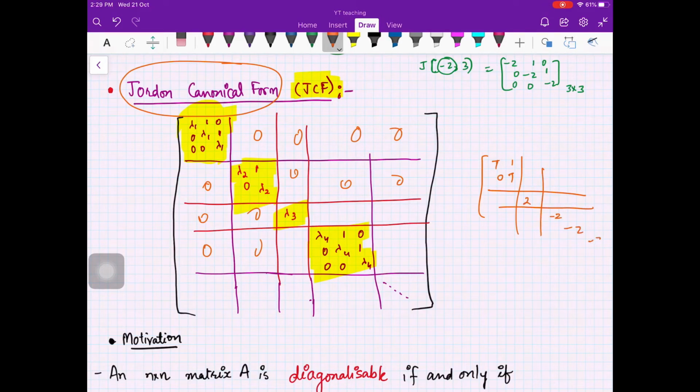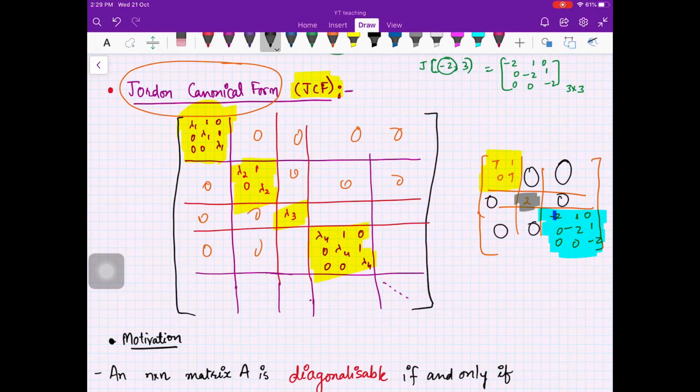Suppose here you have minus 2 minus 2 minus 2, 1 1, and 0 everywhere else. Now you can clearly see that you have one Jordan block here, and another Jordan block here. Let me change the color of the Jordan blocks. So you have different Jordan blocks on the diagonal, and everywhere else you have zeros. Such a form is called Jordan canonical form.